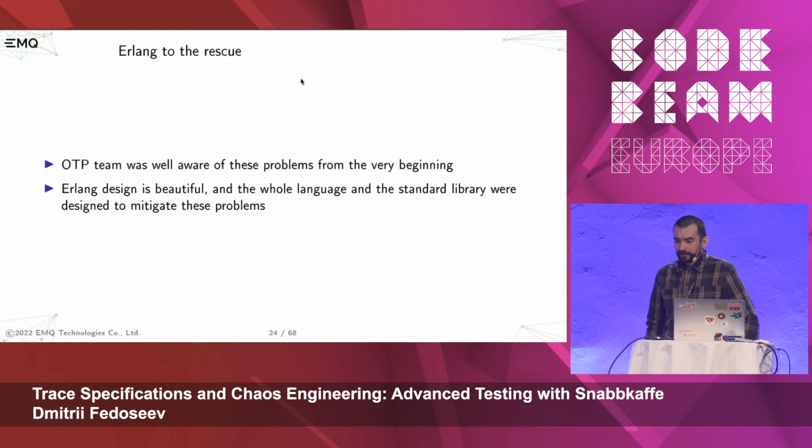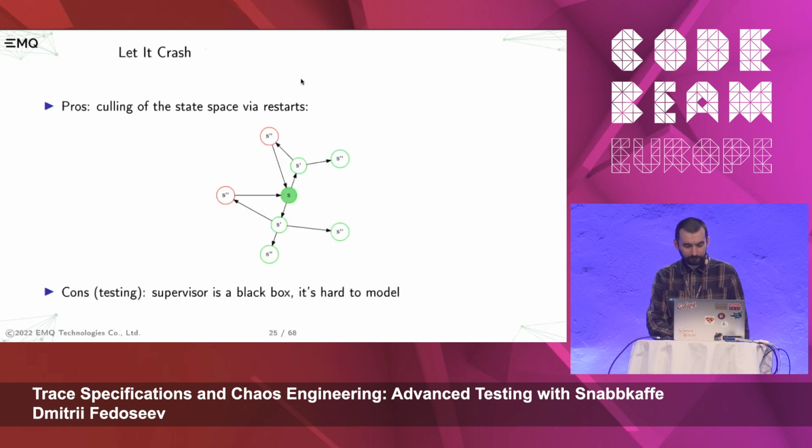But not everything is so grim. If you listen to Joe Armstrong's lectures, it is clear that he and the OTP team were very well aware of these problems from the very beginning. So the mitigations for the state space explosion were built into Erlang's design.